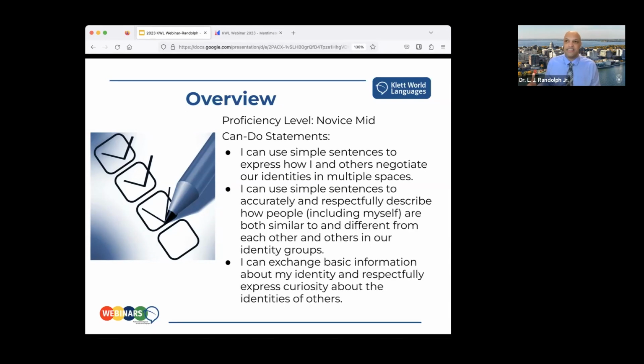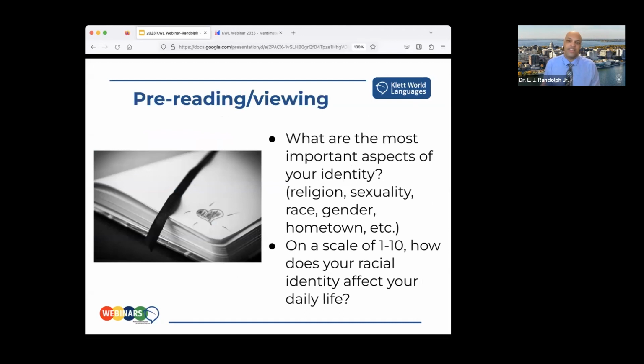As a pre-reading activity, what I have my students do is think about what are the most important aspects of your identity. And just so that you know, I co-planned this with one of my student teachers at the high school level. She was teaching a Spanish 2 class, mostly sophomores.